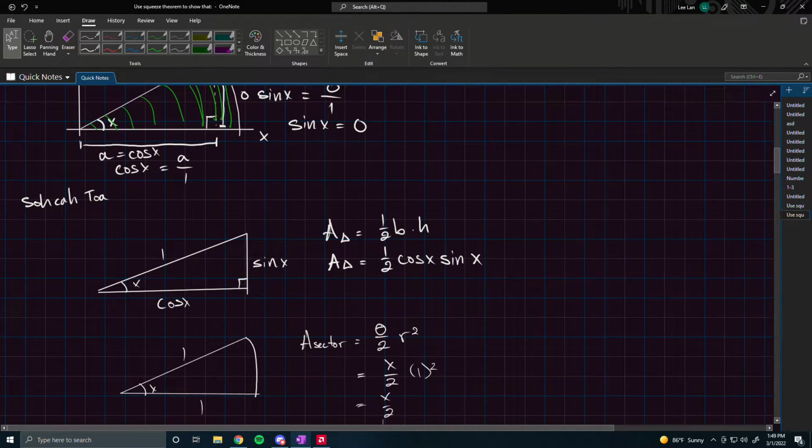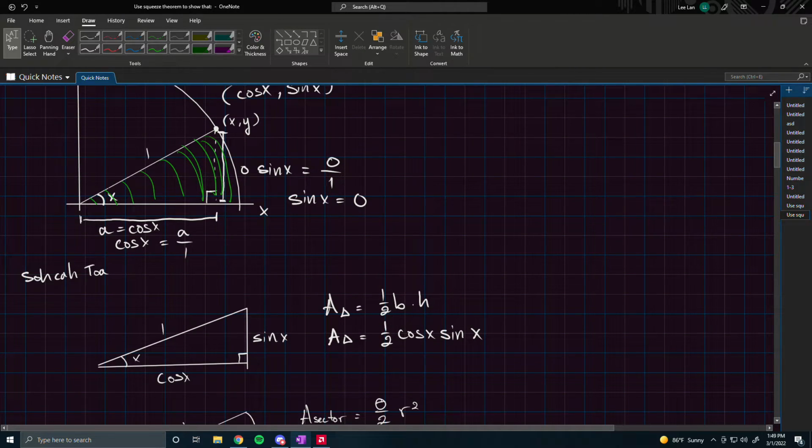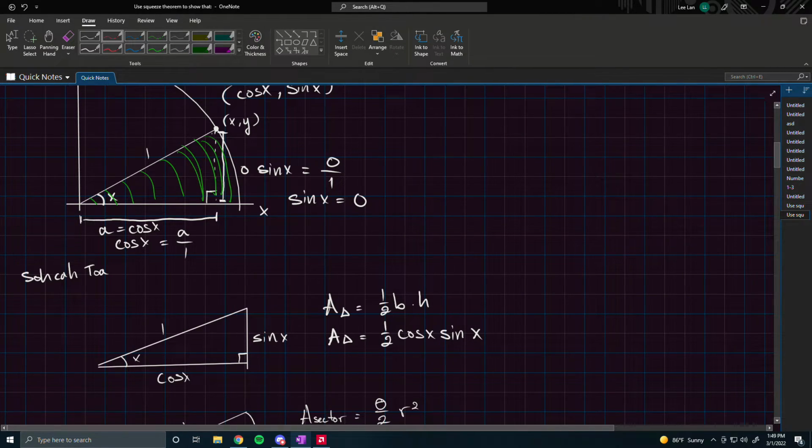So we have the area of the triangle, and we have the area of the sector. And the sector contains the triangle.